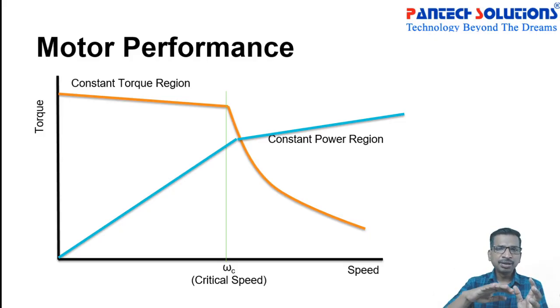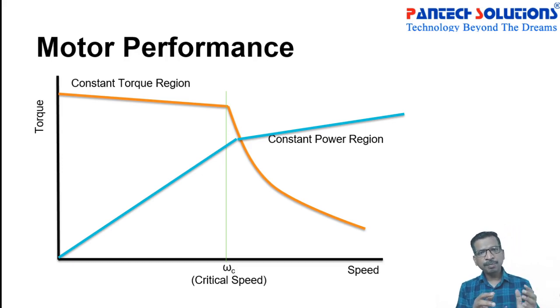Definitely the truck speed will be very low compared to normal speed. During that time, we are allowing the motor to run in the constant torque region, and only in this period can we drive the maximum load. Like that, we can understand the concepts of the torque and power regions.